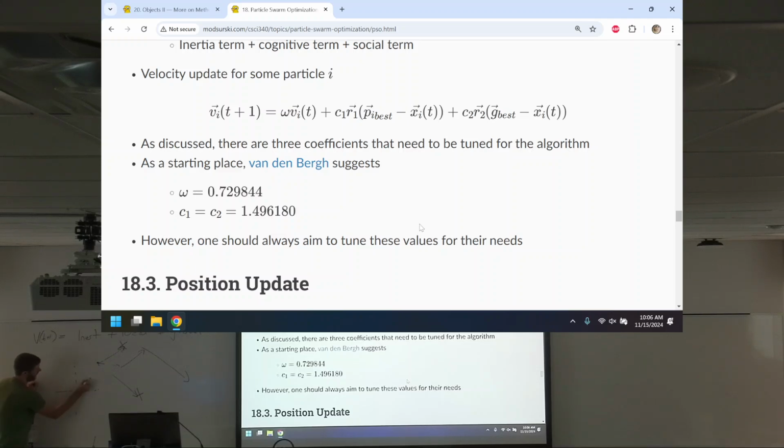If I'm here and I want to go here, I want to move towards that location. So the negativeness is all about directionality. Remember, we're talking about vectors, so this is about the direction of the vectors.